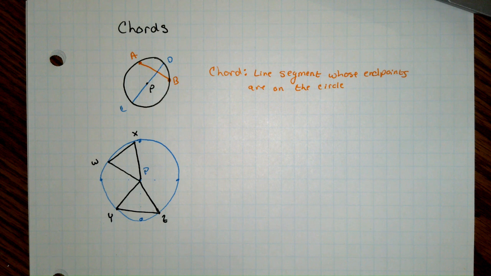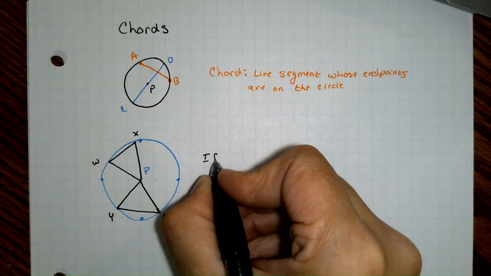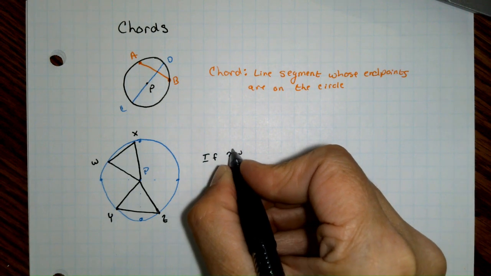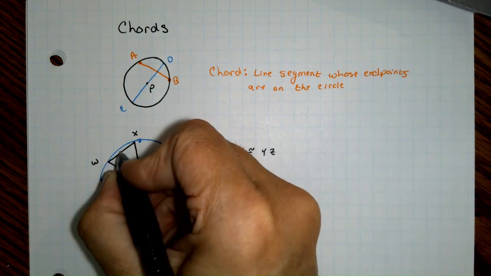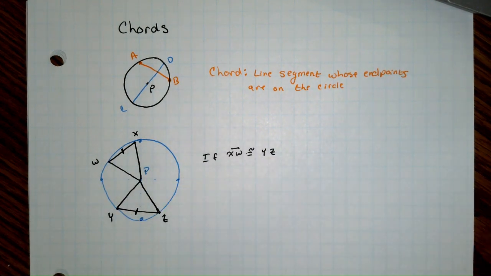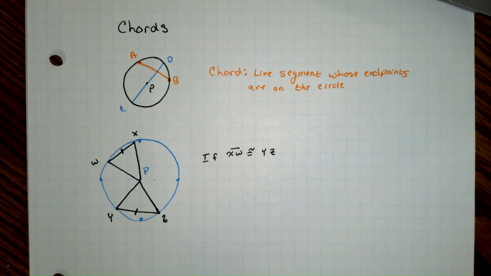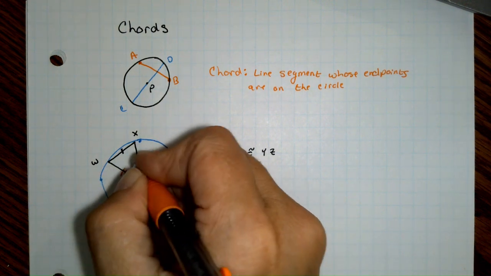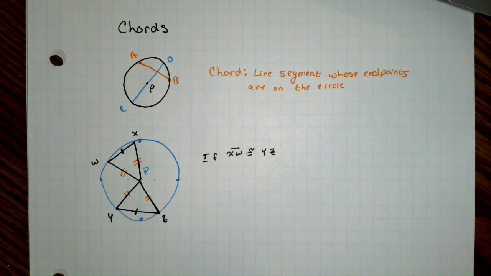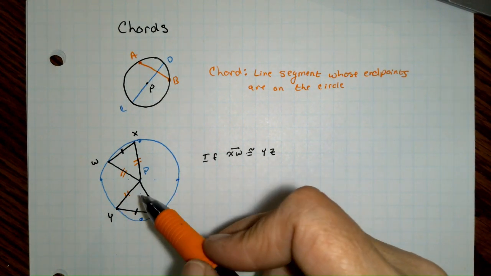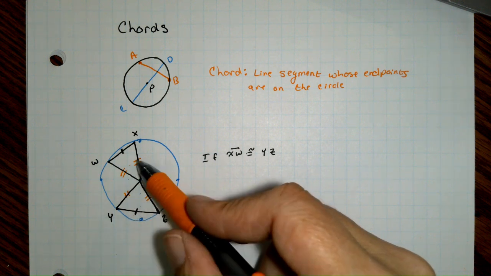Okay, so I have two triangles going on here. If XW is congruent to YZ, then what can we say? Well, this is a radius, this is a radius, this is a radius, this is a radius. So by side, side, side congruency, we know these two triangles are the same size.